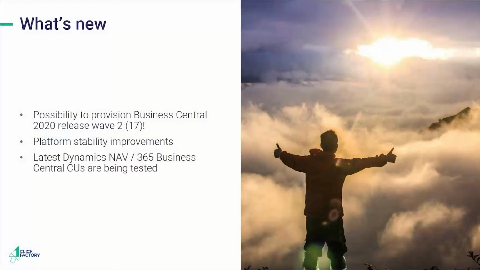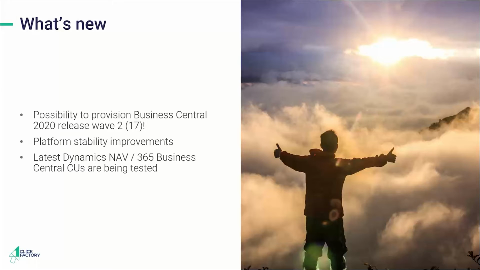The biggest news for the last month's release is the possibility to provision Business Central 17, or Business Central 2020 release wave 2 versions, on our self-provisioning portal. This version was released by Microsoft in October, and we prepared it, and it has already been available to provision for a couple of weeks in our self-provisioning portal.